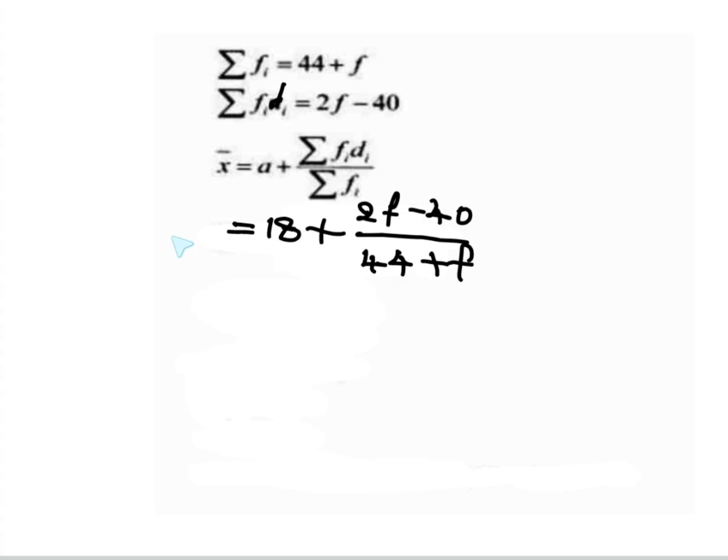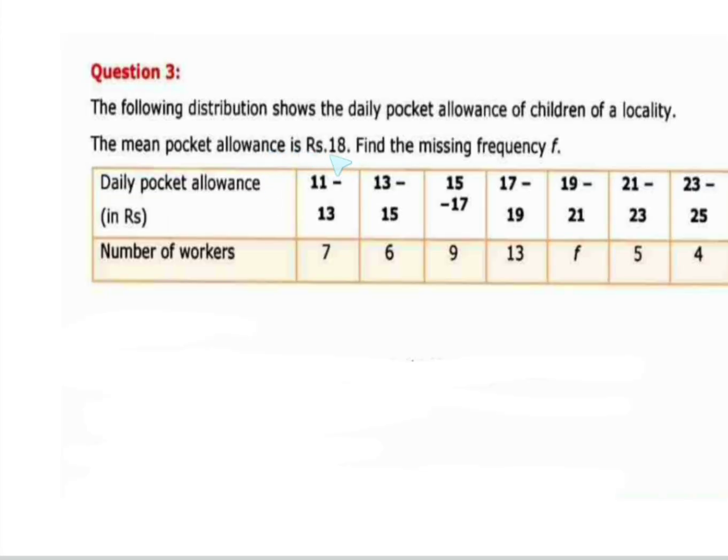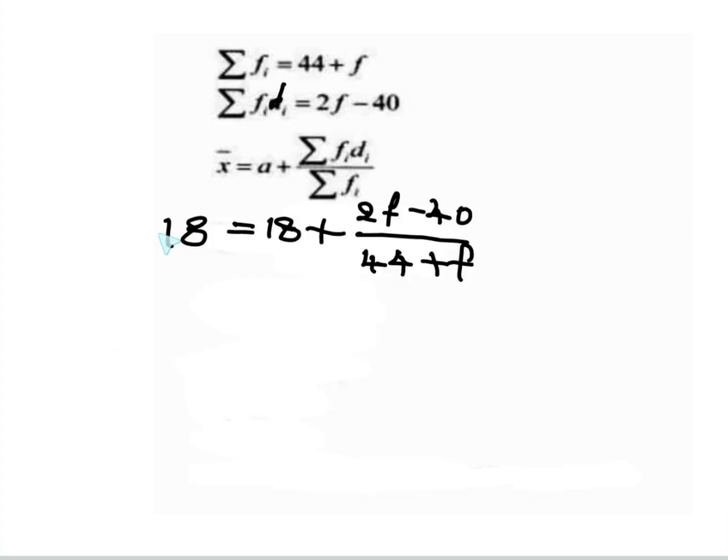The mean is already given in the question: the mean pocket allowance is given as rupees 18. So we can write x bar equal to 18.